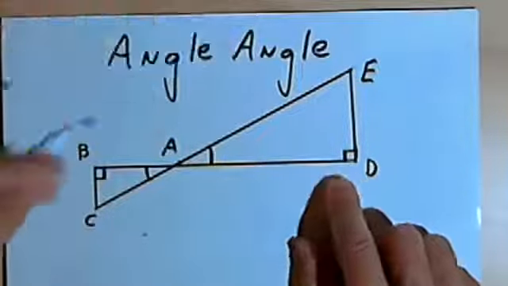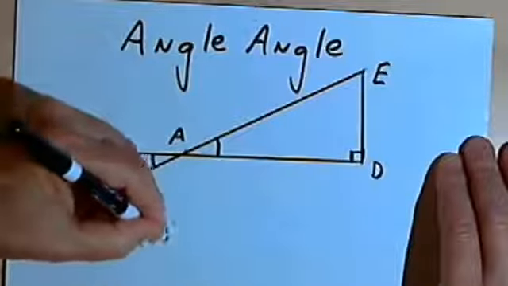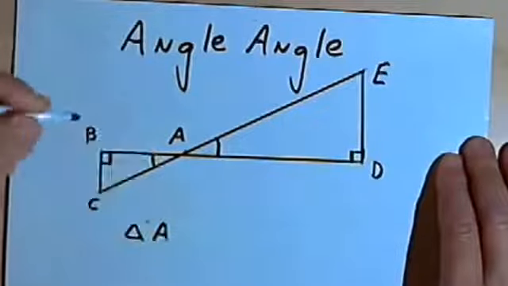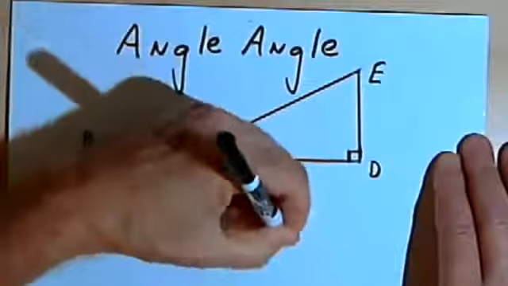So I've got two pairs of corresponding angles that are congruent. The two vertical angles are congruent, and the two right angles are congruent. So these two triangles must be similar. Triangle ABC is going to be similar to triangle ADE.